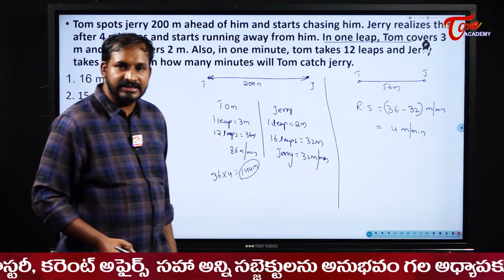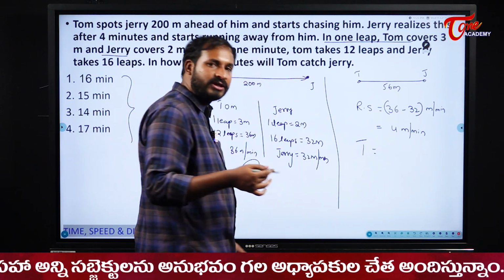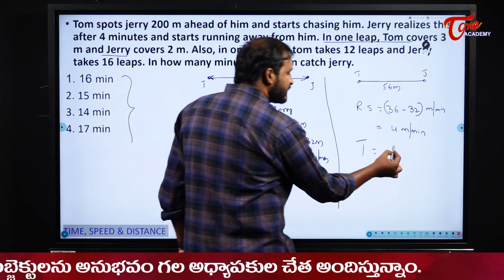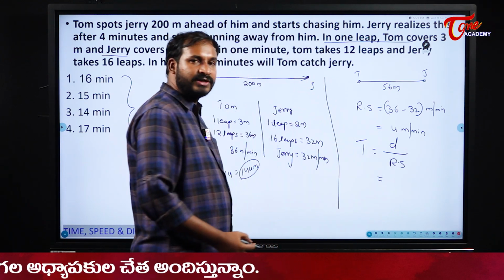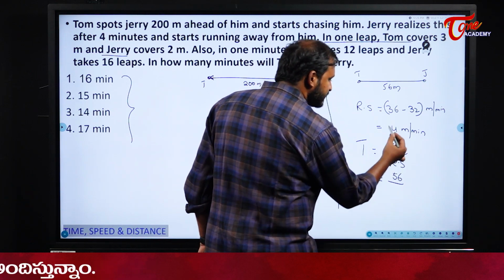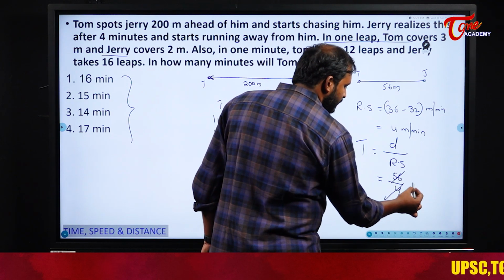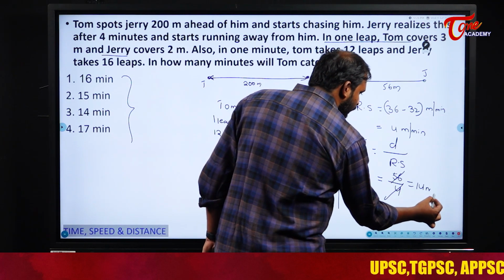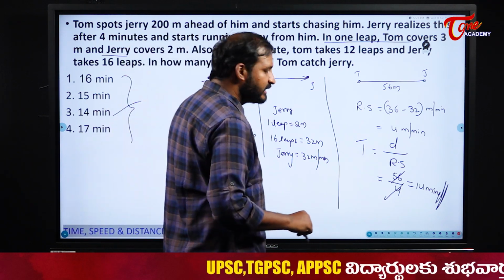So, the time taken to catch is equal to distance by relative speed. What is the distance between Tom and Jerry now? 56 meters. And the relative speed between them is 4 meters per minute. So that means Tom is going to catch Jerry in 14 minutes.